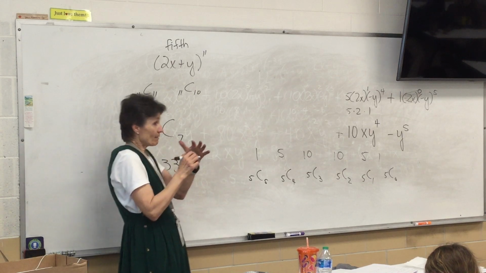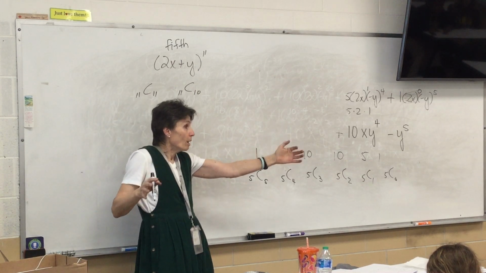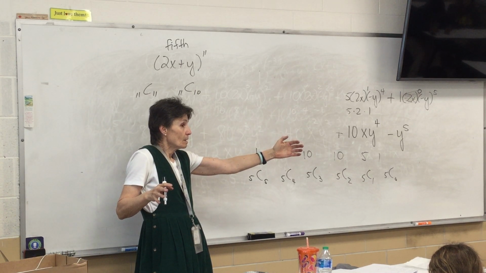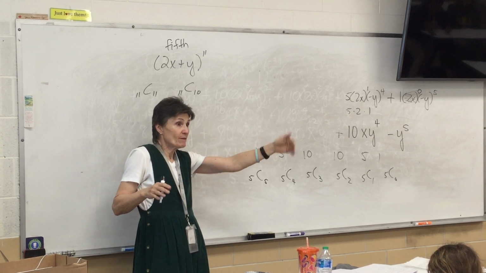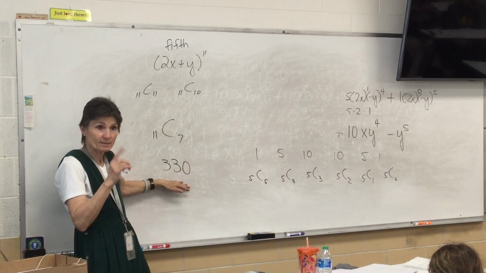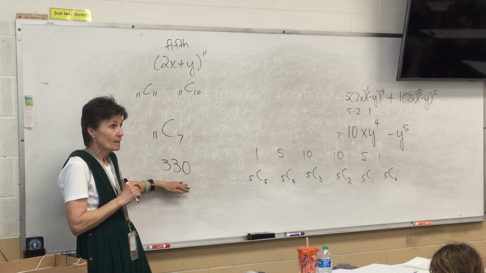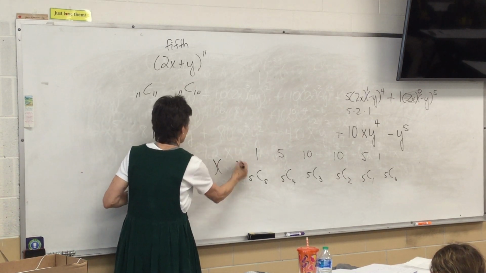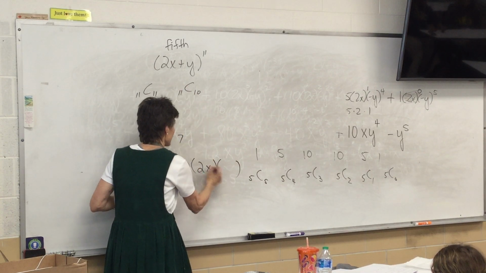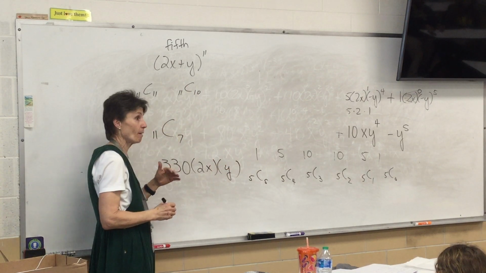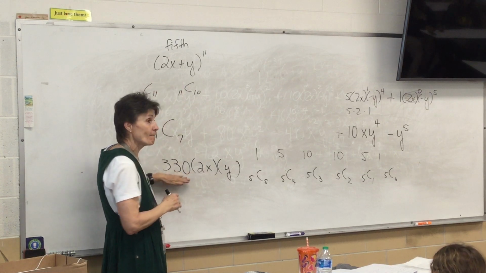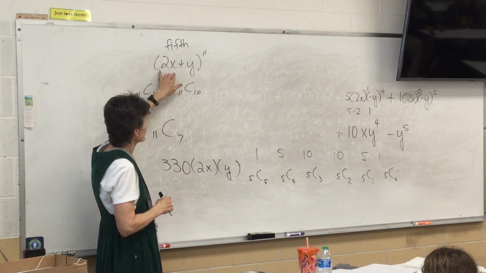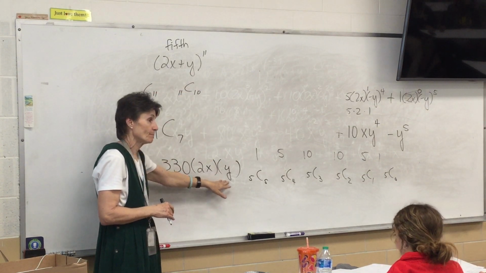Now, if we wrote out the whole row, the 5th number in the list would be 330. Do you understand that? Now, next to every number in the row will be a 2x and a y. In this problem, next to every one of these numbers is a 2x and a y.